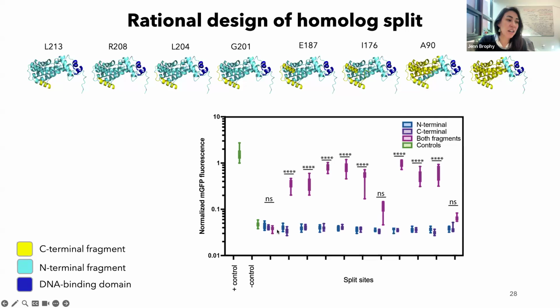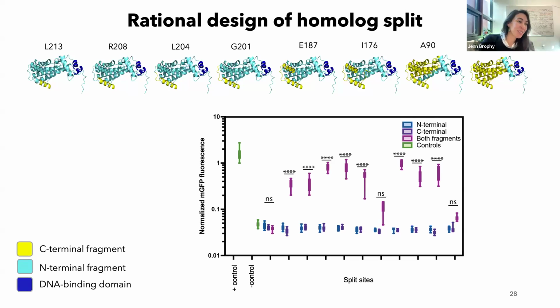This first one here, the split site is non-functional, so even when you express both halves, they never come together to produce a functional protein. But for some of these other locations, she was able to show that the transcription factor is functional when they come back together. So we thought this was exciting.